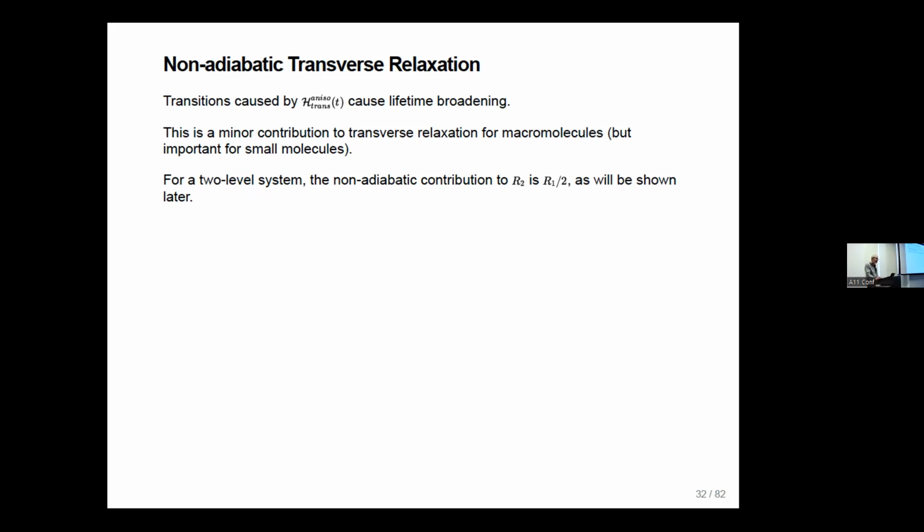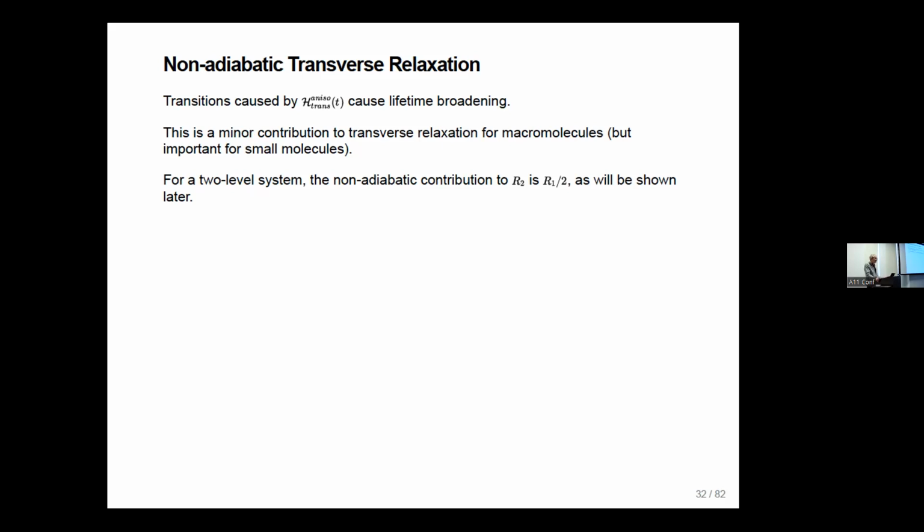For macromolecules, the adiabatic contribution to transverse relaxation is usually dominant, unless you have a huge amount of internal motion.